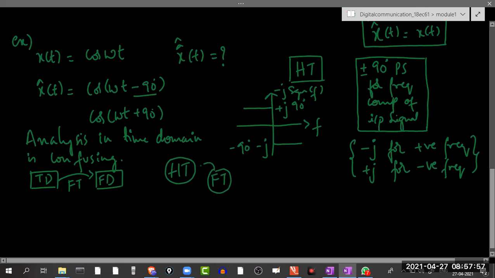The prerequisite of the Hilbert transform is the Fourier transform. Now let's apply Fourier transform. Initially we had the signal x of t equal to cos omega t. Now I apply Fourier transform onto this as well as onto this.